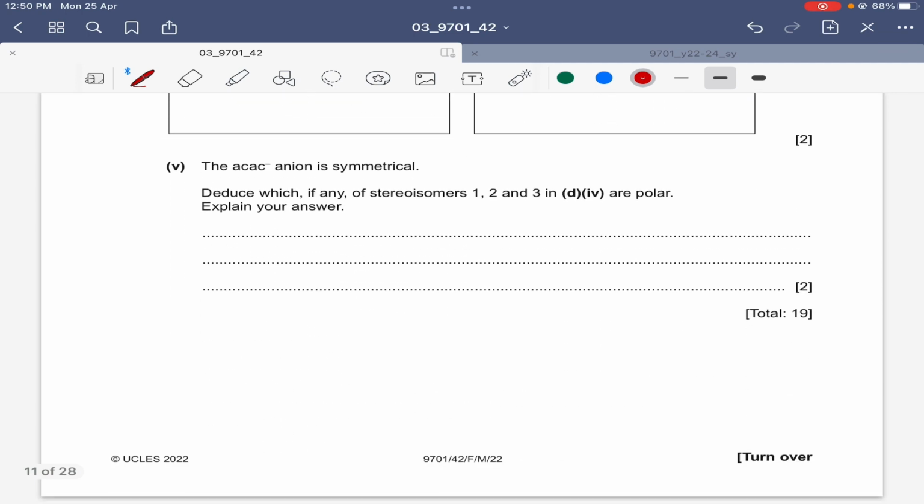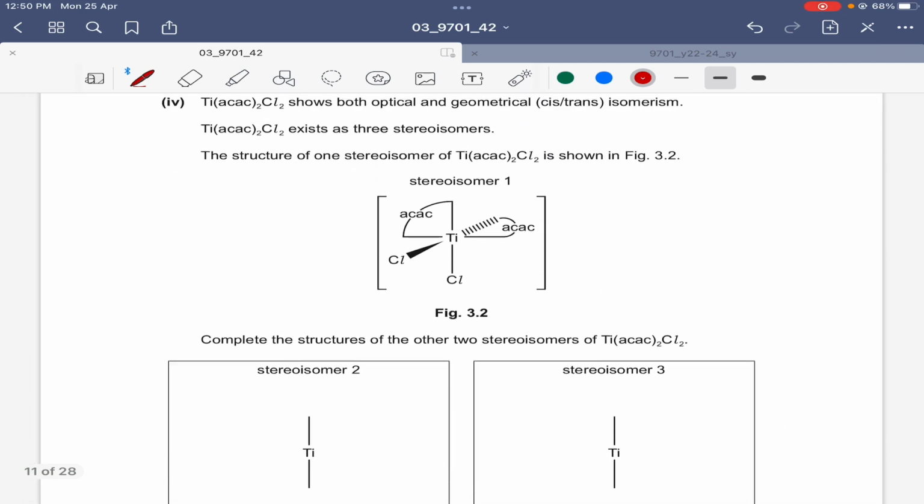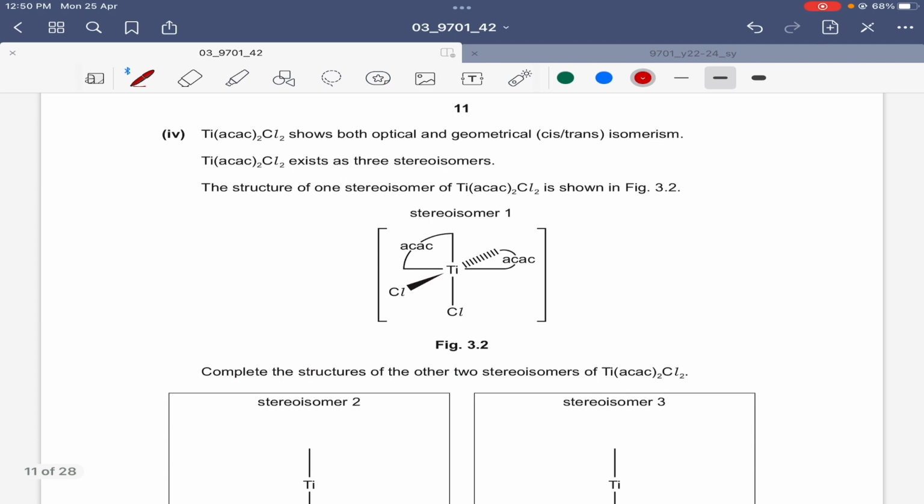Alright, now the next part of this question is this complex shows both optical and geometrical cis-trans isomerism. This exists as 3 stereoisomers, right? It has 2 bidentate ligands, Ti(ACAC)2Cl2.